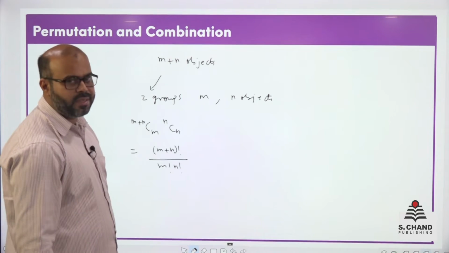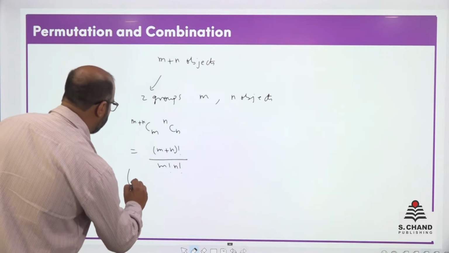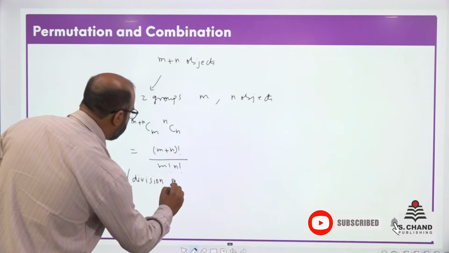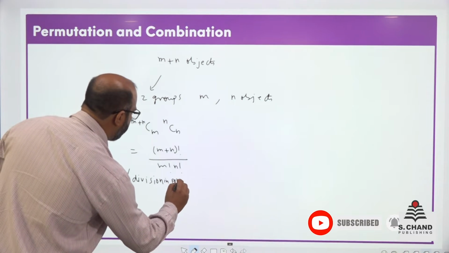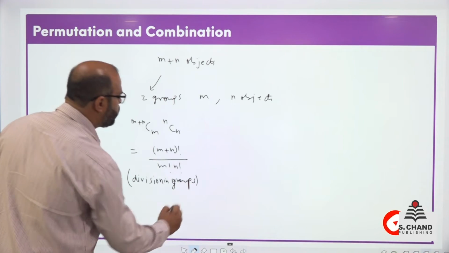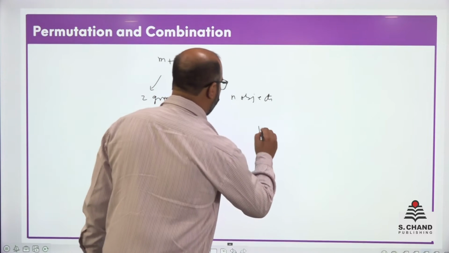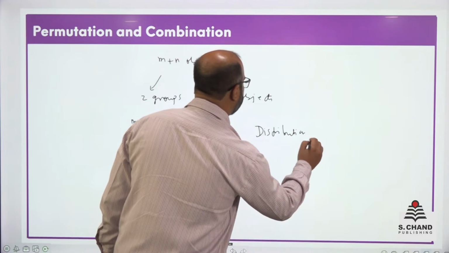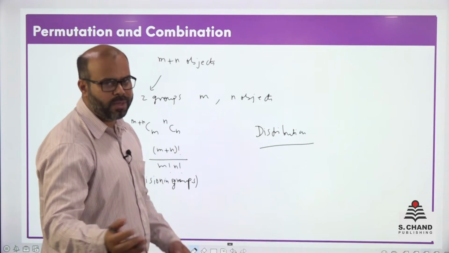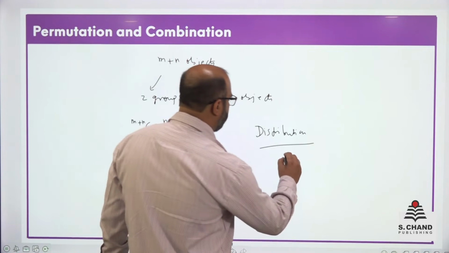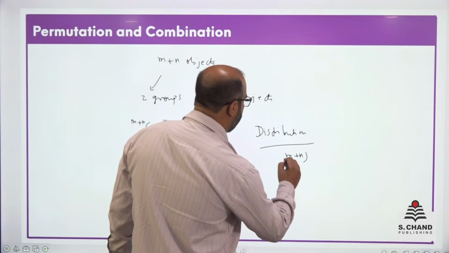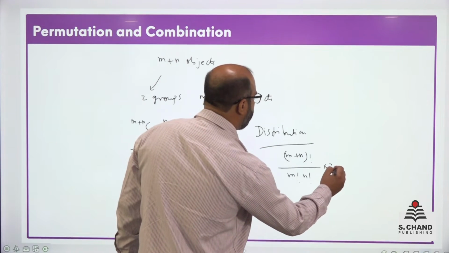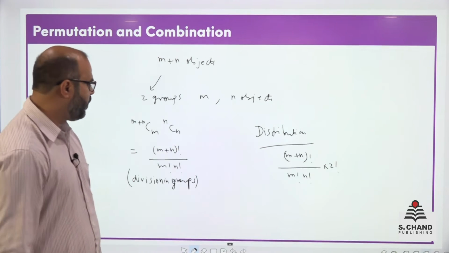This we call division into groups. But if it is asked that you don't have to just divide, you have to distribute, that means you will divide and then distribute among the people. So you have to further multiply by 2 factorial, giving m plus n factorial upon m factorial n factorial into 2 factorial, number of ways of arrangement.